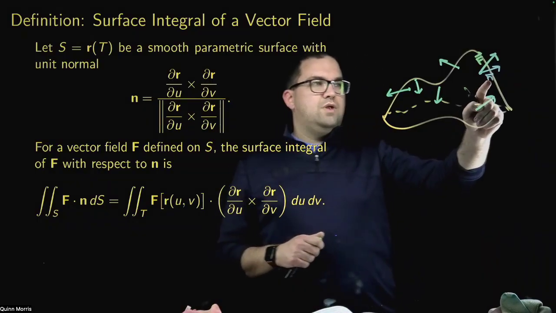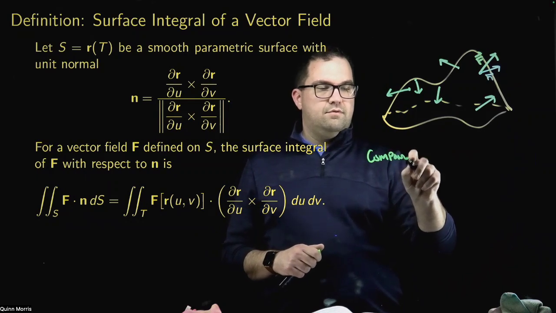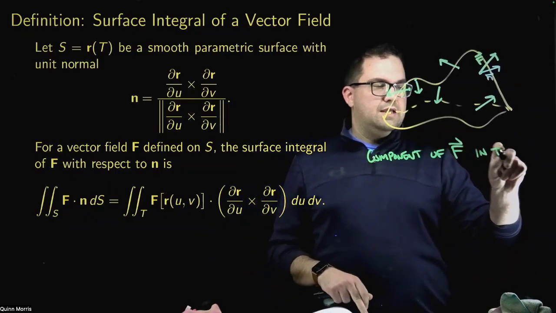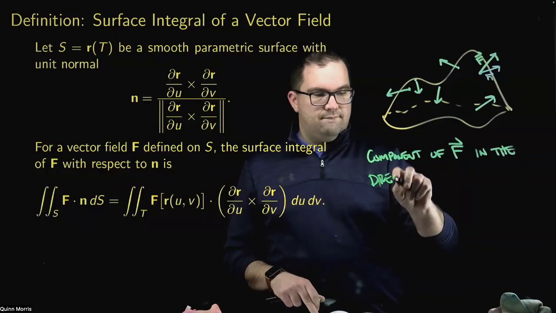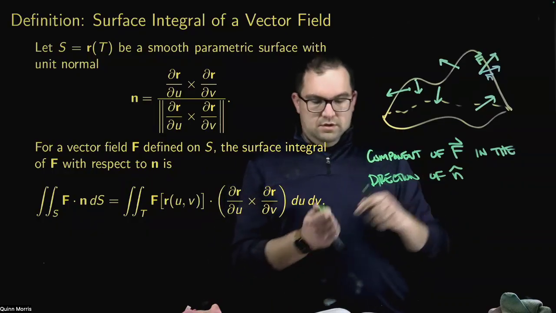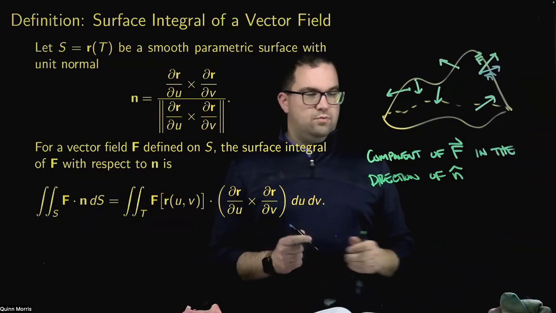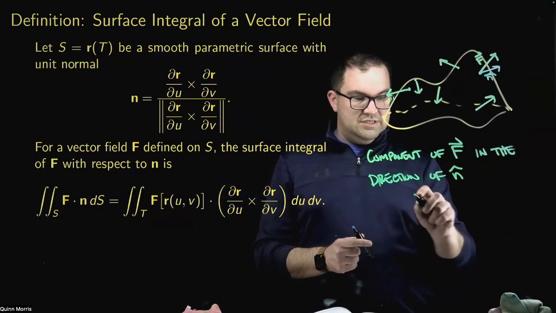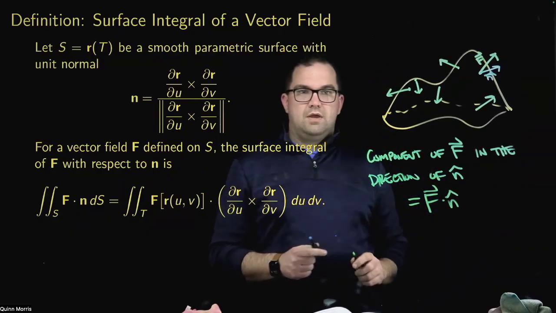Well, if this is a unit normal vector, then the component of the vector field in the direction of the normal vector, and actually let me write that as n hat, because it is a unit normal vector, is just f dot n.